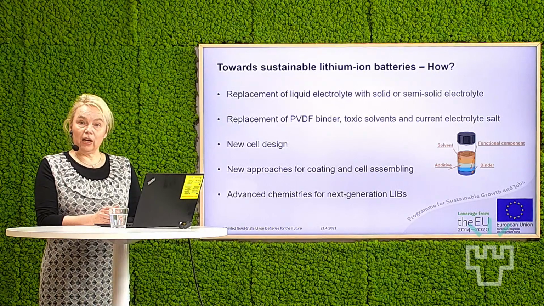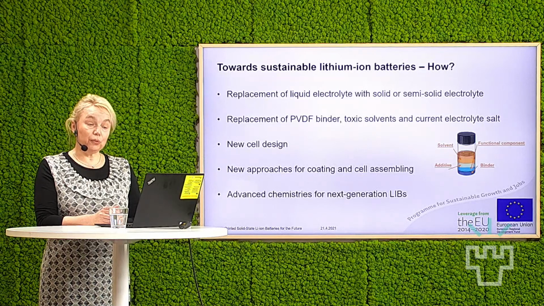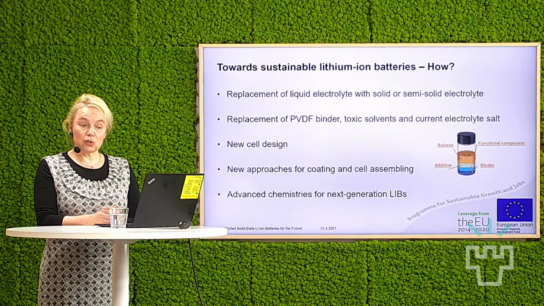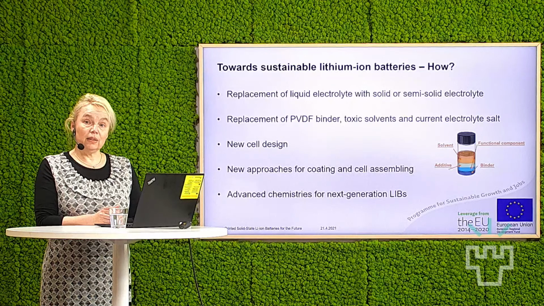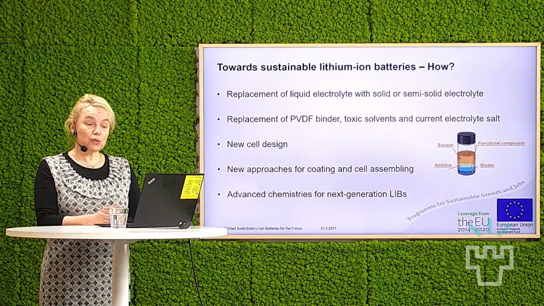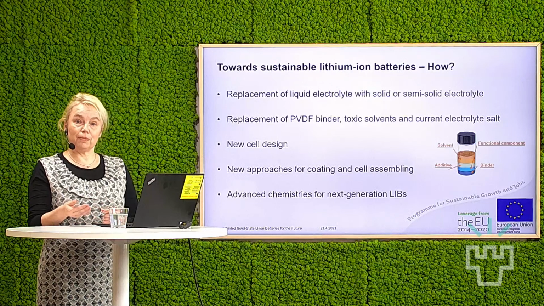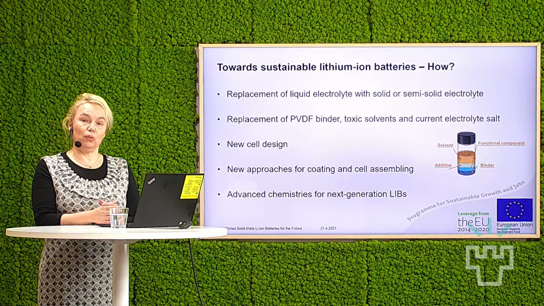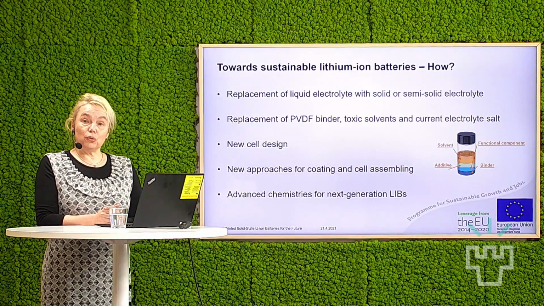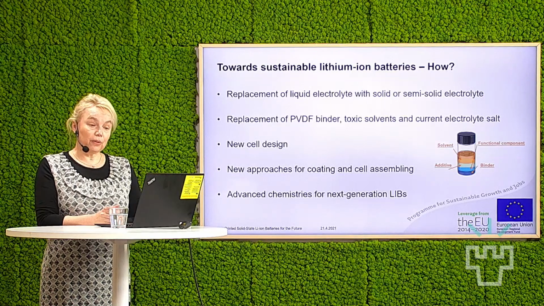Then we already have one solution to replace this toxic solvent. We have tested it in our research facilities, and we know that we can already make the existing batteries more green, not only by screen printing, but also for those using liquid electrolytes nowadays.